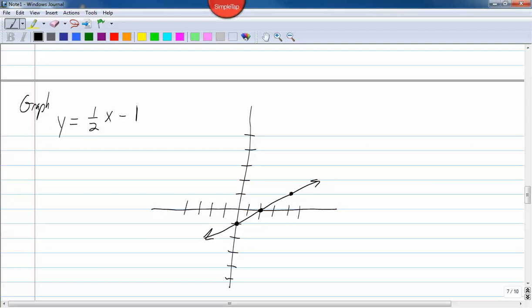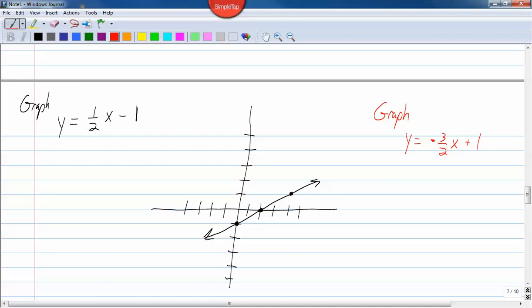Alright. Well, what's different if the slope is negative? Let's say that I wanted to graph y equals -3/2 x plus 1.